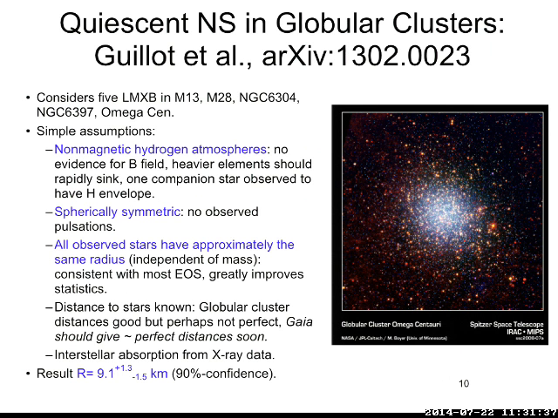Okay, and to get into trouble, I wanted to mention just one group's measurements of neutron star radii. I like showing this because Guillot et al., I believe, make their assumptions explicit, and these are a relatively simple set of assumptions. They assume that these neutron stars in globular clusters have non-magnetic hydrogen atmospheres.